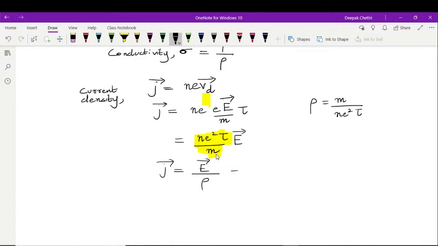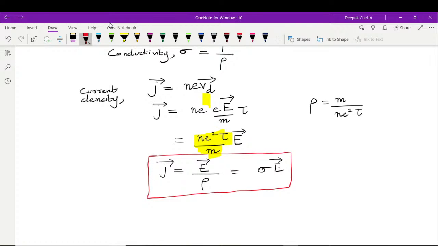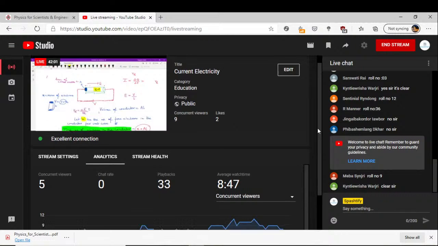Just now I have shown 1 by rho is sigma, so another formula is sigma times E. Okay, so this formula I hope you remember. Any doubts still here? Any doubts?